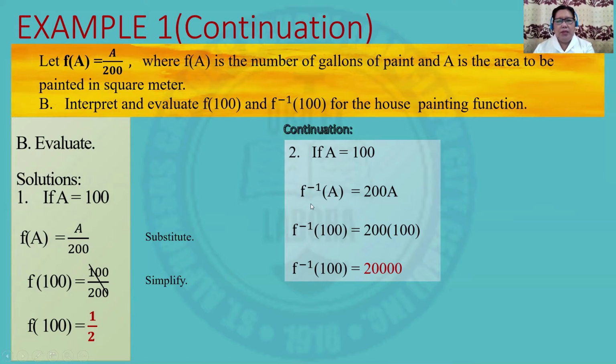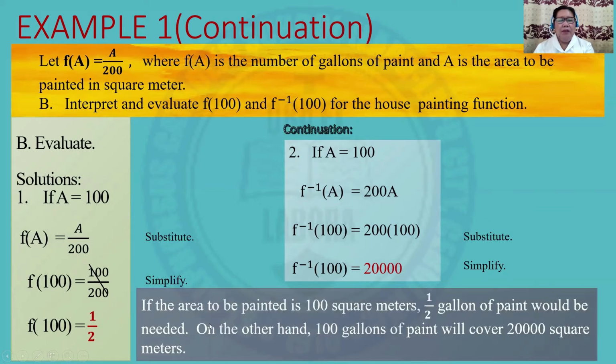Then for number 2, if a is equal to 100, and you are going to find the inverse of a, we are going to use the formula derived in a. So we have now f to the negative 1 of 100. Just substitute 100 to a and then simplify, multiply 200 and 100. The answer is 20,000.